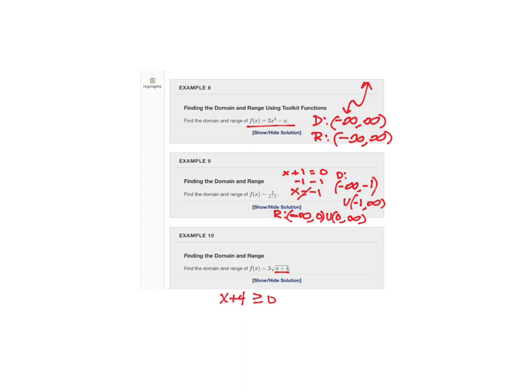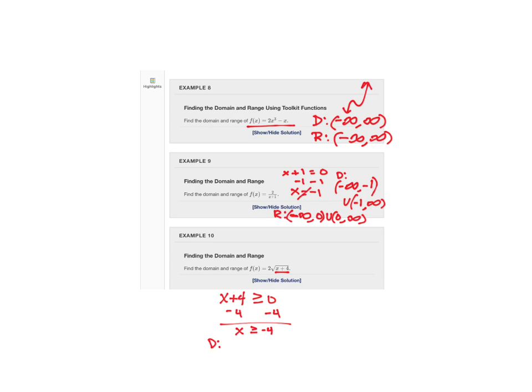Good. And so how do I solve? Subtract 4 from both sides. So x must be greater than or equal to -4. How do I say that in interval notation? X is greater than or equal to -4. And remember, we go from left to right.